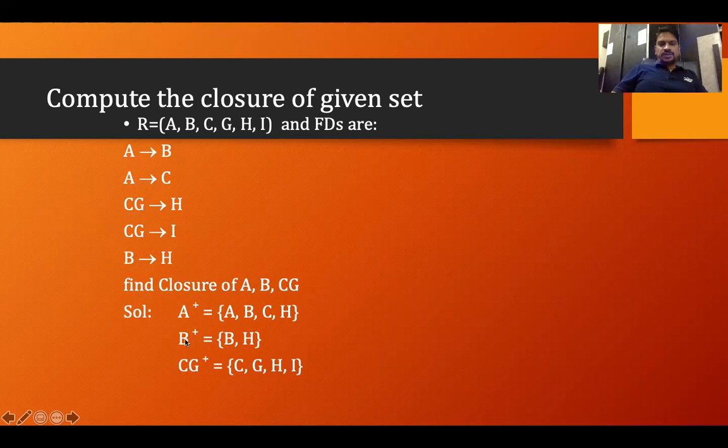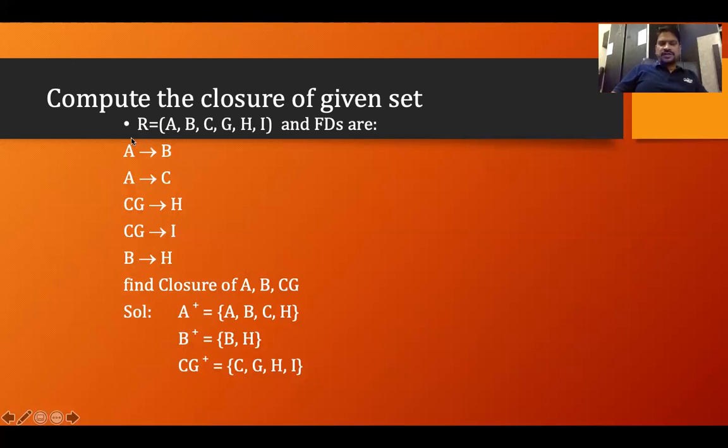B closure: B is coming, B is determining H, so H is coming. What else can we determine? No. CG closure: CG will come. Then CG is determining H and CG is determining I, so I is coming. What else can we determine? No.